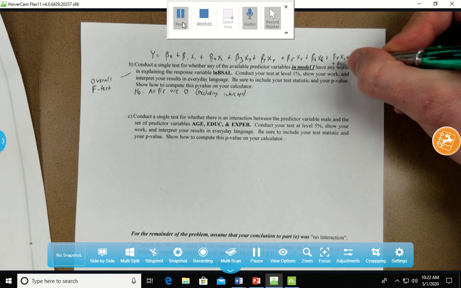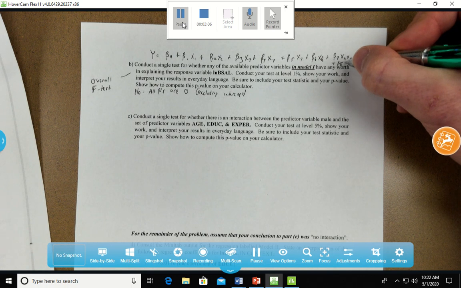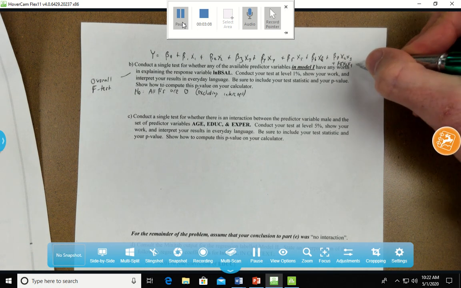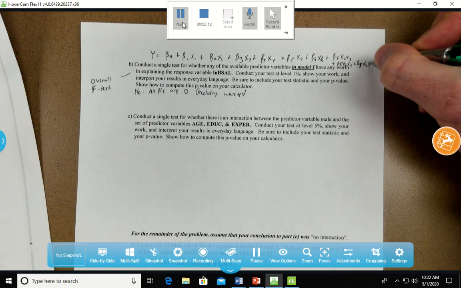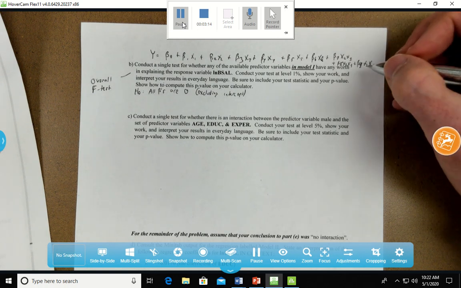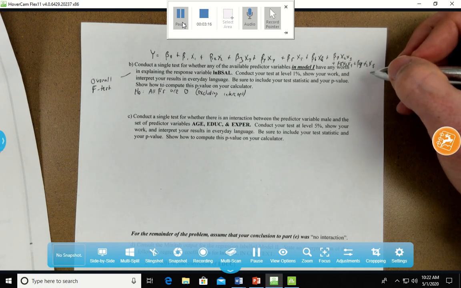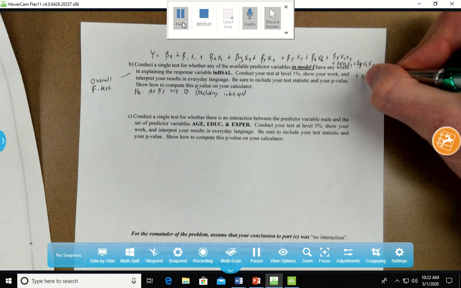We're not out of room here. Beta 8 would be x2 times x4 plus beta 9 x2 times x5. Age, education, experience plus epsilon.